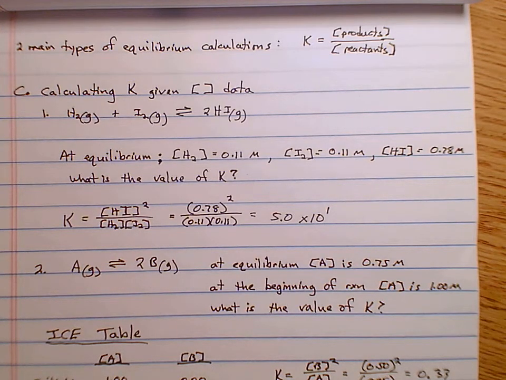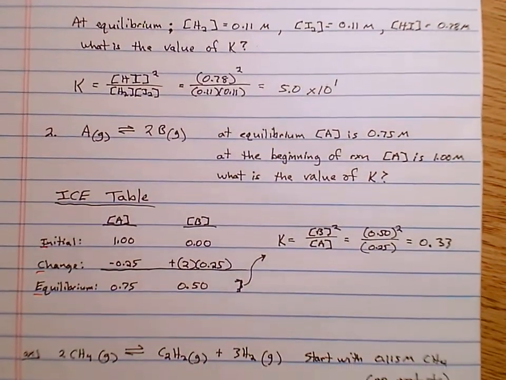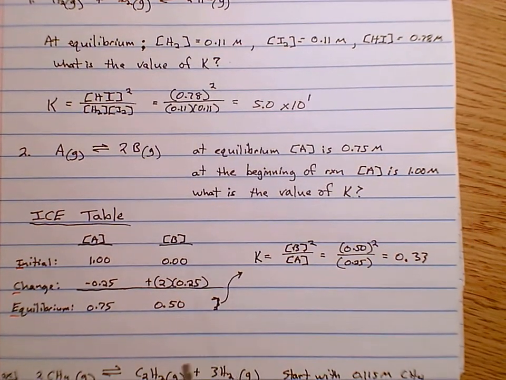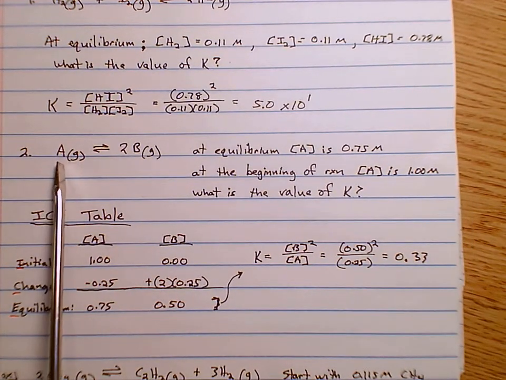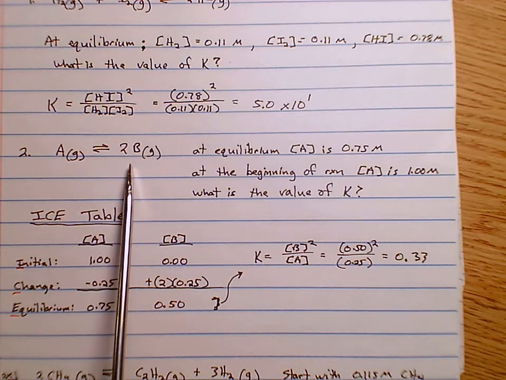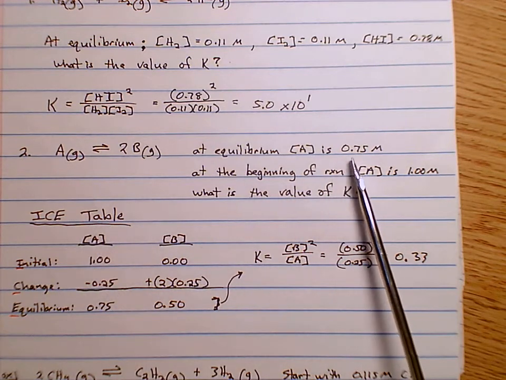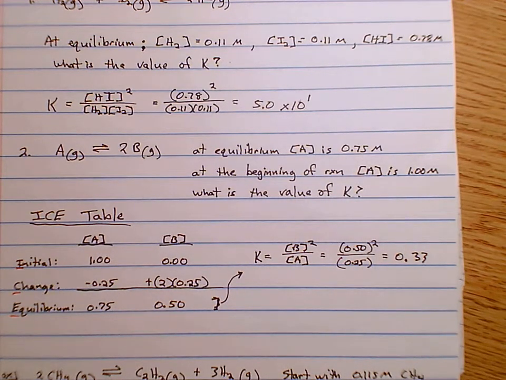All right. Let's do slightly more difficult math here. Let's look at this example. Here you have A gas in equilibrium with 2B gas. You find that at equilibrium, the concentration of A is 0.75 molar.